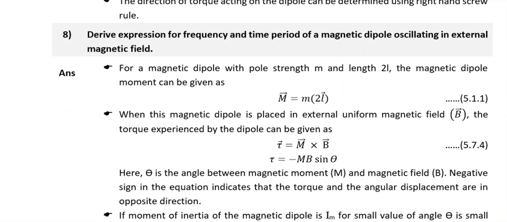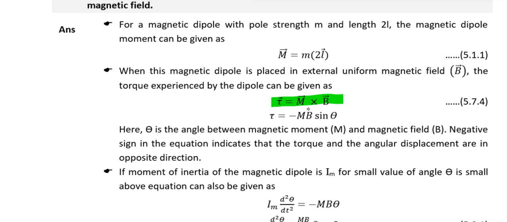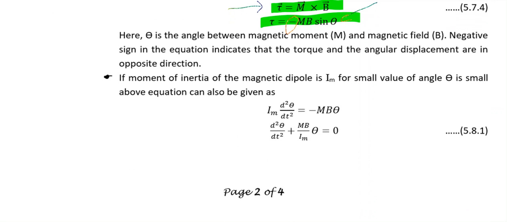Then the second question is: derive the expression for frequency and time period. So we start with this, MB sine theta. From where did we get this negative sign? The negative sign indicates the fact that this torque and this theta are opposite in direction. So torque is replaced with I alpha.